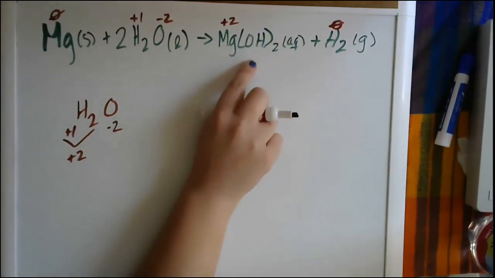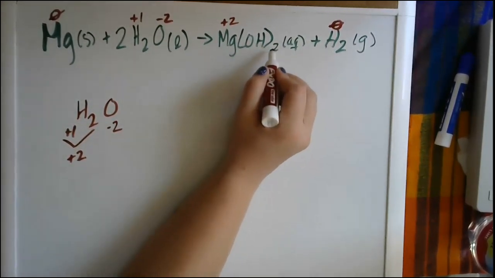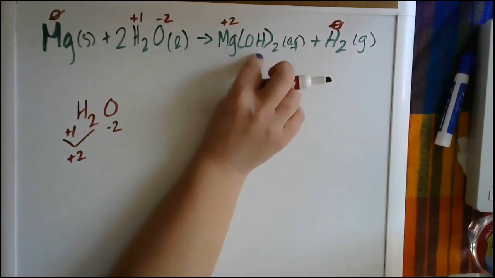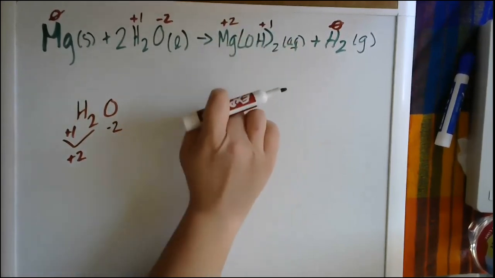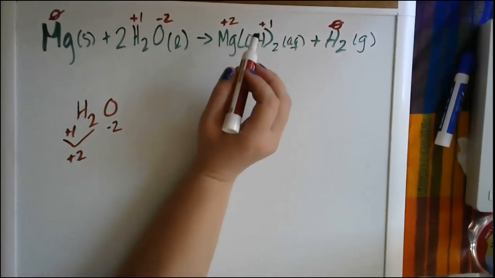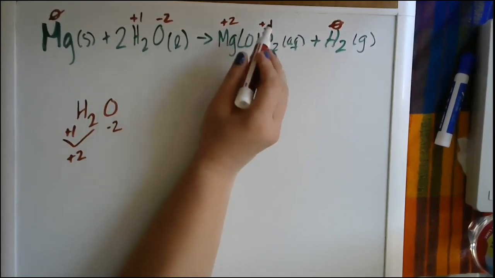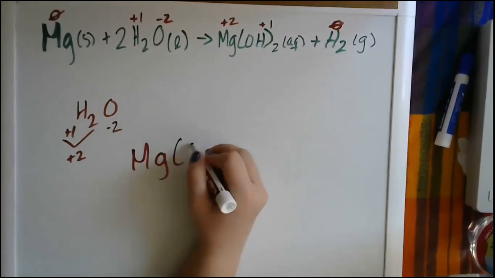Now, in my hydroxide part of this, I've got 2 hydrogens. Each hydrogen is going to have a +1. Let's keep track of the total oxidation state in this magnesium hydroxide. Let me do this down here so you're not doing it in your head.